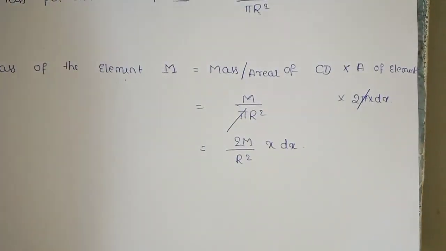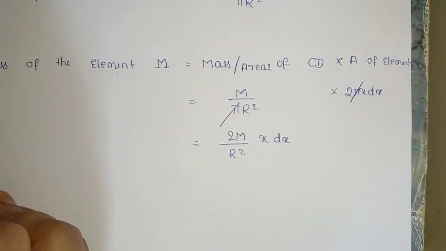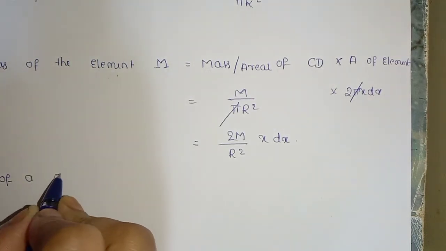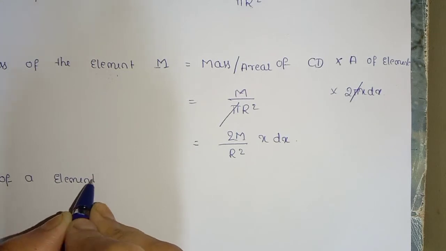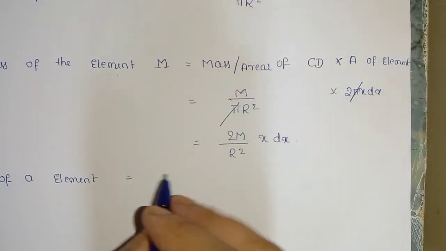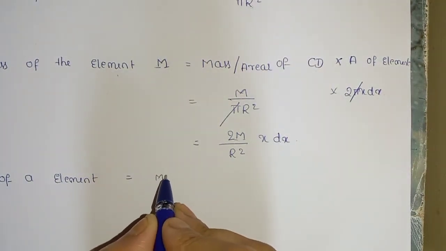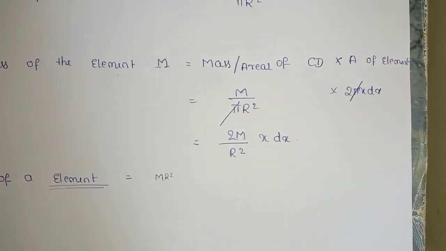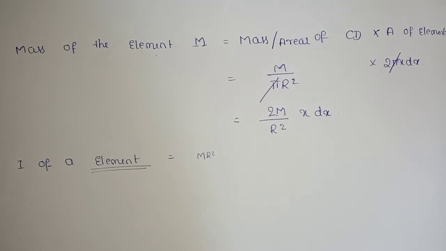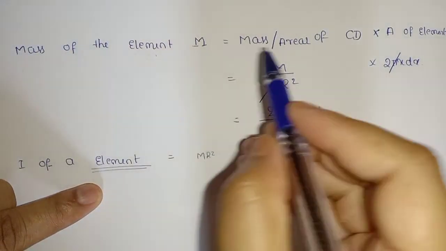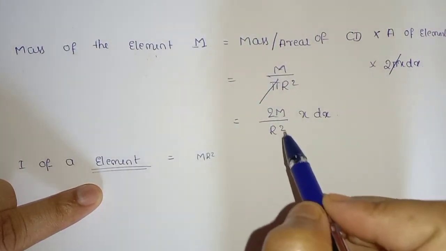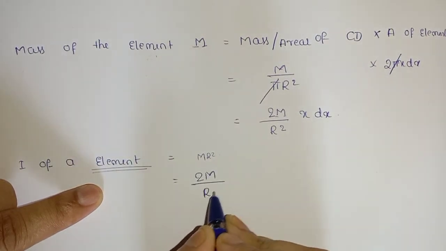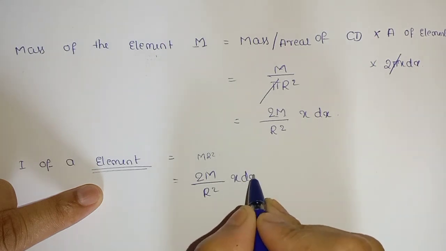Now, the moment of inertia of an element is equal to, what is the general formula? That is m r square. Here we are finding the moment of inertia of an element. What is its mass? Its mass is 2M divided by r square, x into dx.